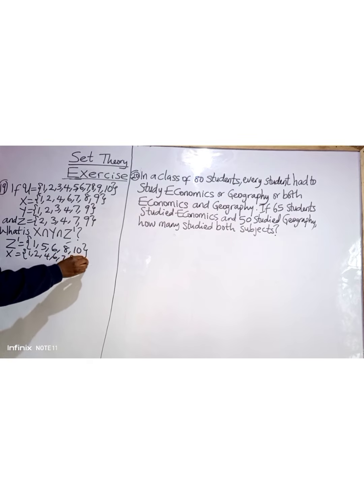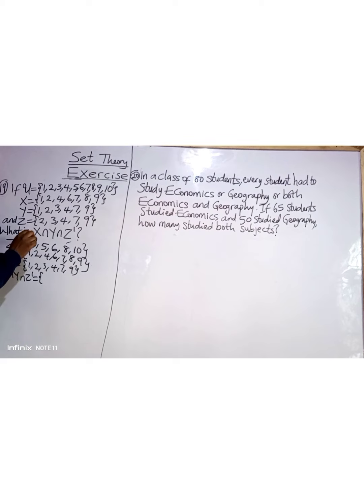Now X intersects Y intersects Z prime. So let's write X: 1, 2, 4, 6, 7, 8, 9, and Y: 1, 2, 3, 4, 7, 9. So X intersects Y intersects Z prime will be all the elements that are common to X, Y, and Z prime.